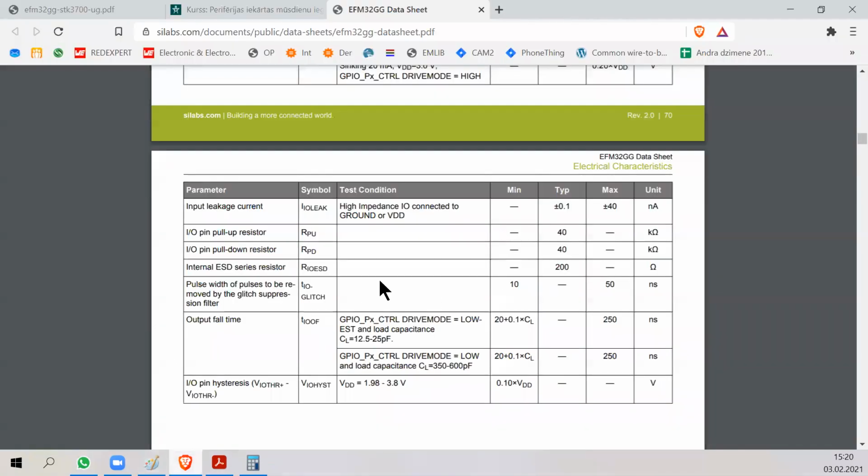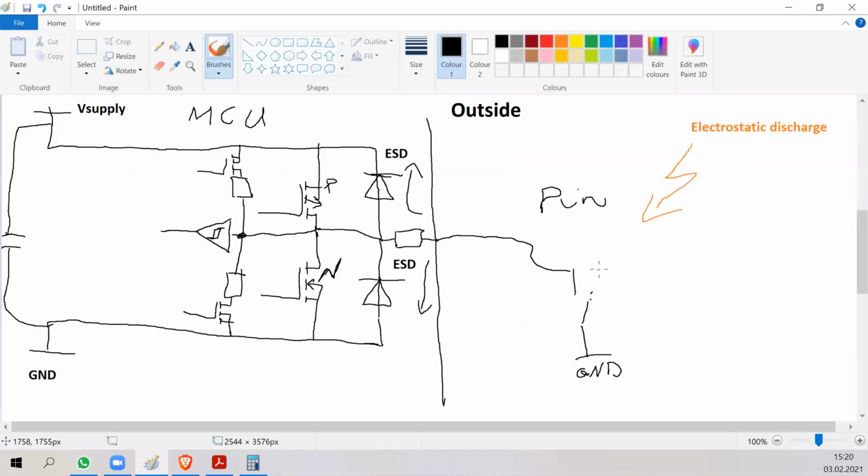In the datasheet, you can check out that the value is 40 kilo ohms. And actually, if you're really cheap, you can also use this to shine a small LED. You can, for example, connect a small LED diode to the ground.